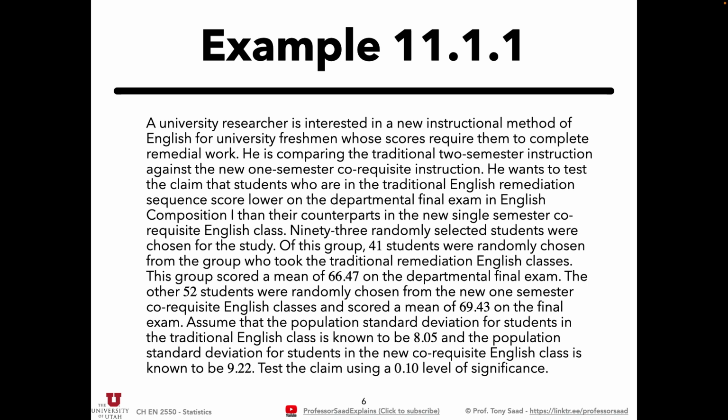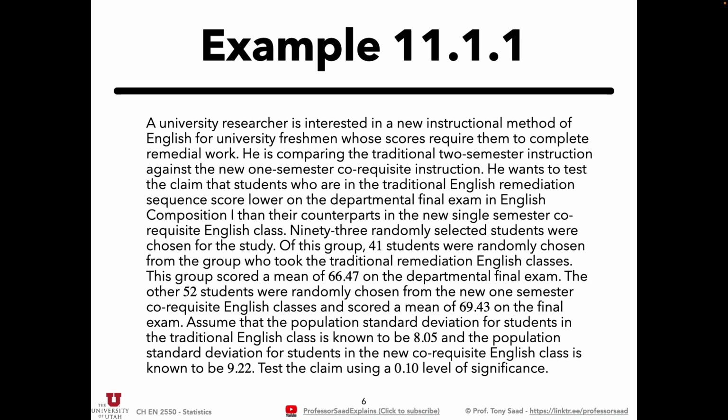93 randomly selected students were chosen for the study. Of this group, 41 were randomly chosen from the group who took the traditional remediation, so that gives us one of the samples. We haven't decided which one is going to be population 1 and which population 2.